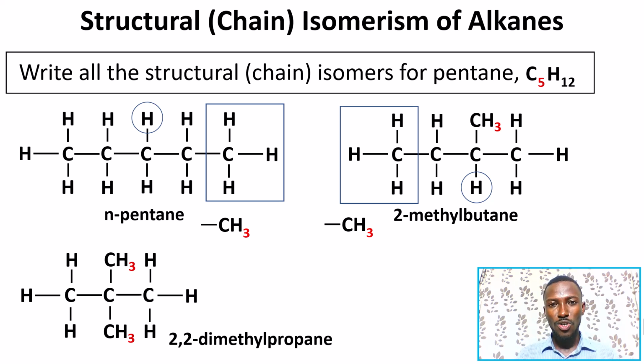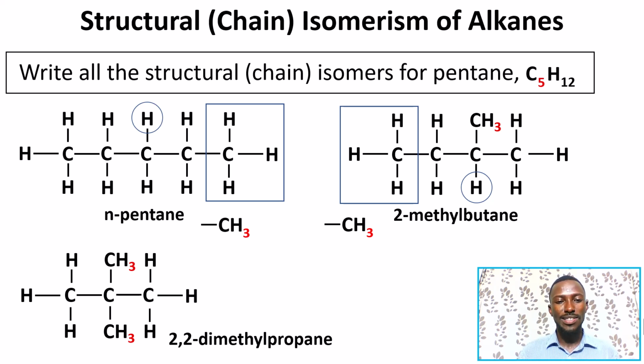Is there any isomer we can write again from C5H12? Well, if you try to write any other isomer, you wouldn't get it right because you end up just writing another compound that is similar to the ones you've already done. So that means C5H12, which is pentane, has only 3 isomers.